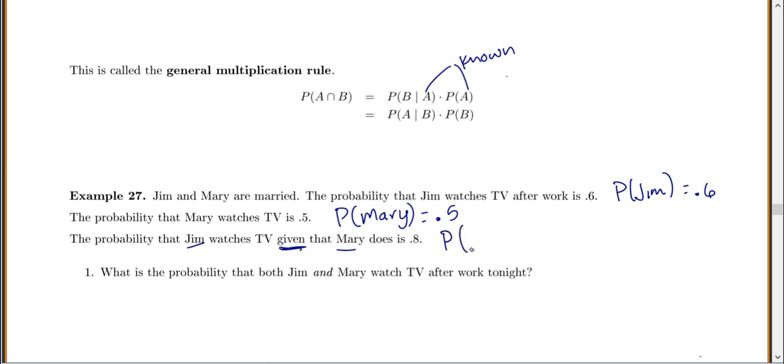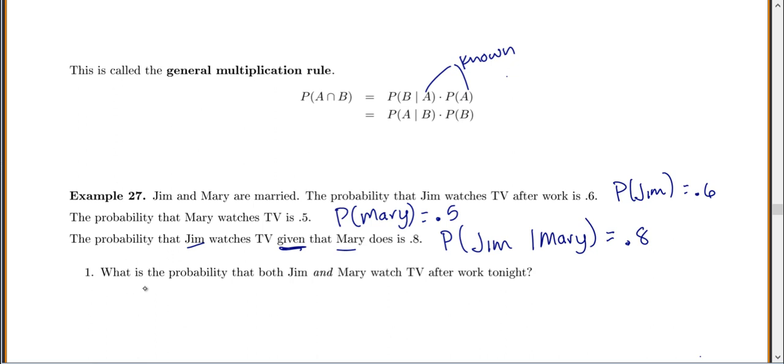The hardest part here is to make sure you write it in the correct order. So Jim watches TV given that Mary does. The given part is what comes last, and what you're curious about is what comes first. They're saying if Mary sits down to watch TV, then Jim has an 80% chance of watching with her. So if we know that Mary's watching TV, there's a 0.8 chance that Jim watches as well.